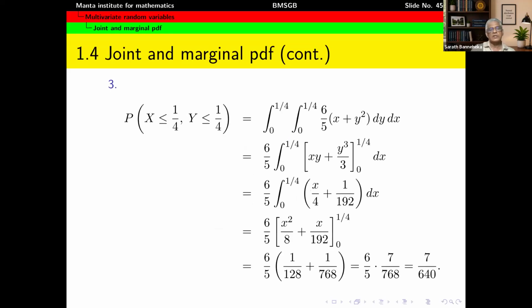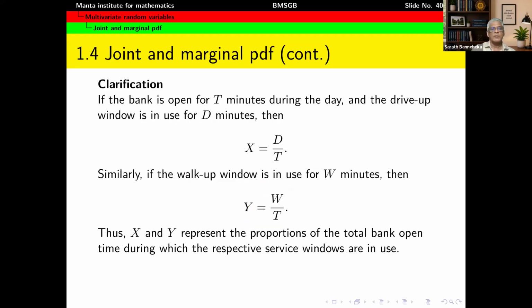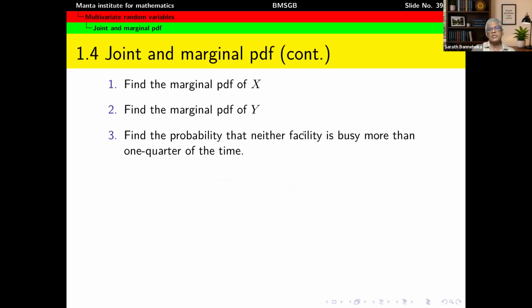And then for the final part, we wanted to find out the probability that neither facility is busy more than one quarter of the time. That means, what is the probability that x is less than or equal to 0.25, that is 1/4, and y is also less than or equal to 0.25, right?